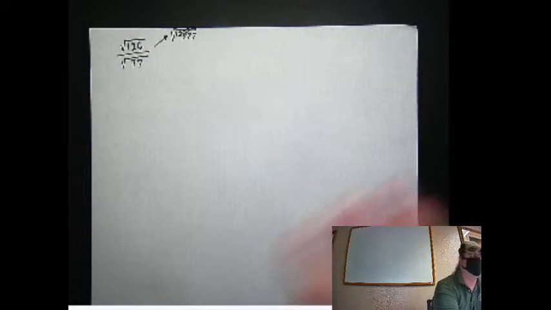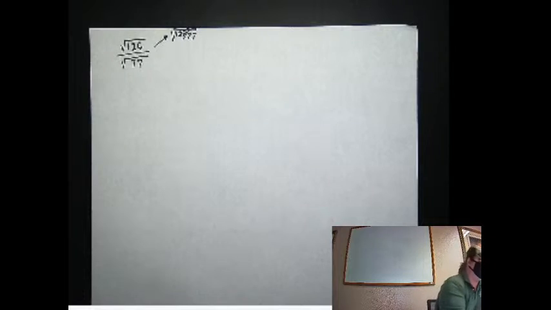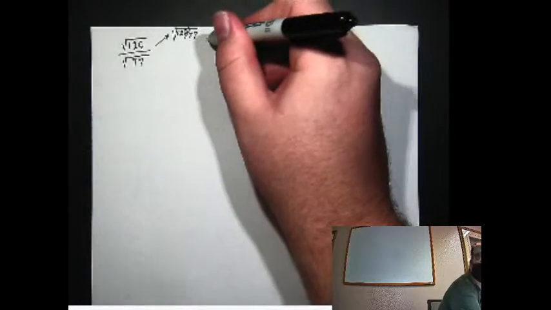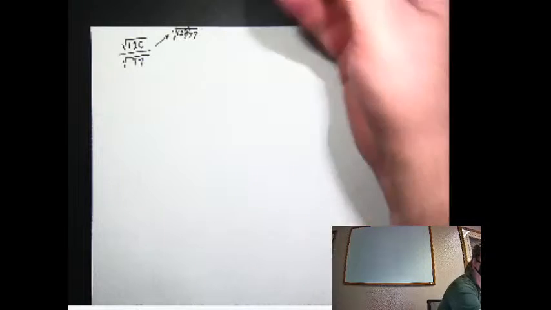Do 126 and 77 have anything that they can both be divided by? They actually do. Both of these can be divided by 7.